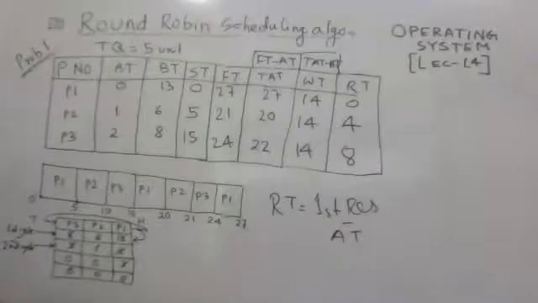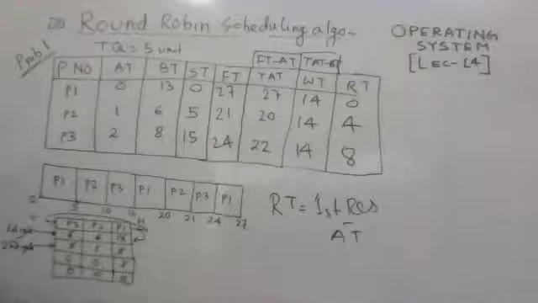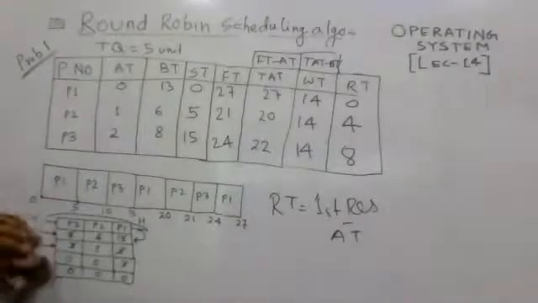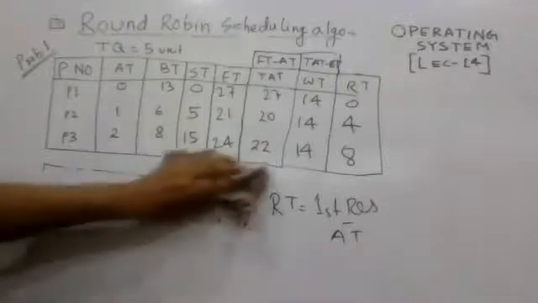So throughput is equal to 3 by 27. Okay, so this is the first problem on the round robin scheduling algorithm. So it is a pure preemptive algorithm. Okay, now see another example.